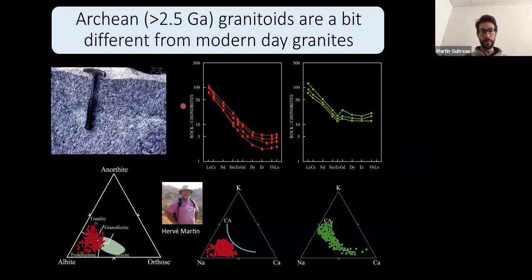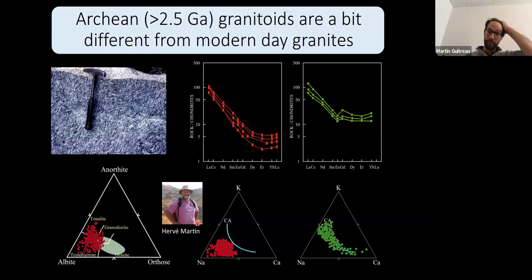And I have to stop a little bit to talk about these Archean granitoids, because when you go back in time and study these Archean granitoids, they're a bit different from post-Archean granitoids. So this was Hervé Martin's life work. He's not the only one who has worked on this. Ken Condie was also one of the people who worked a lot on this type of granitoids.